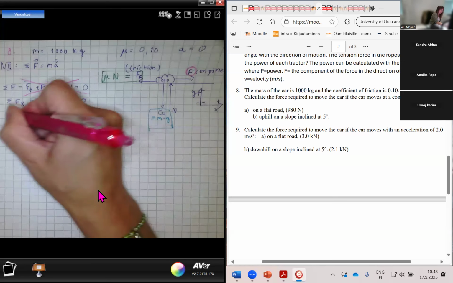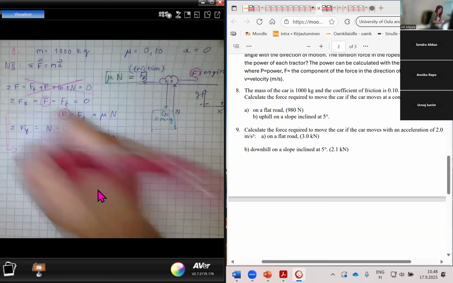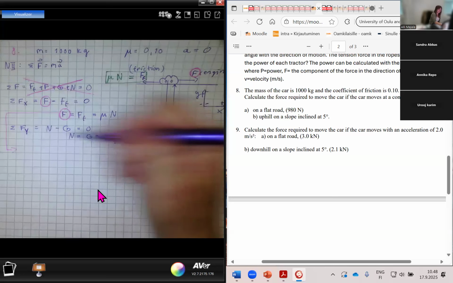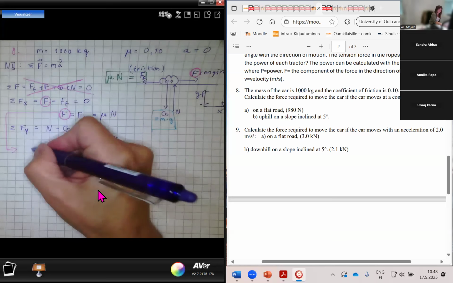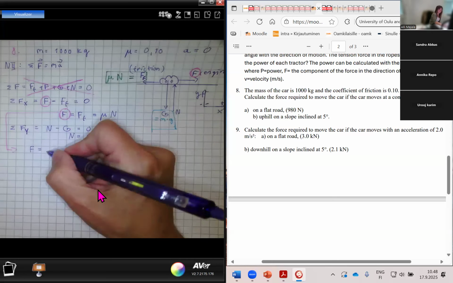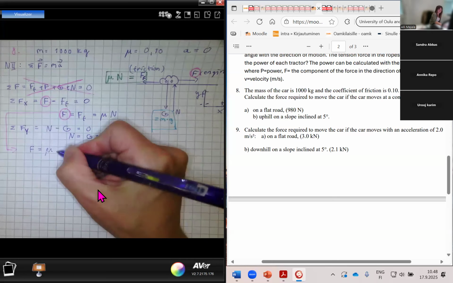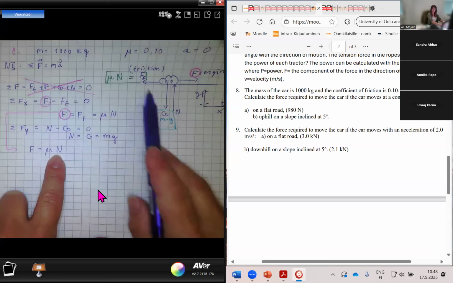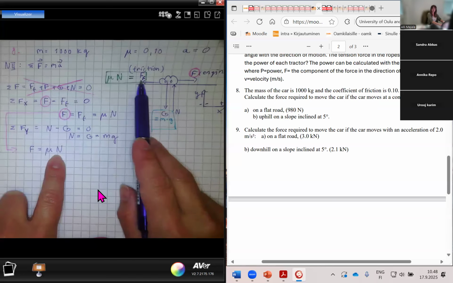So let's take a look at this now. I have taken the F from here. I have figured out that my F is actually the friction factor times the normal force, because it has to be the same as the opposing force, which is the friction.